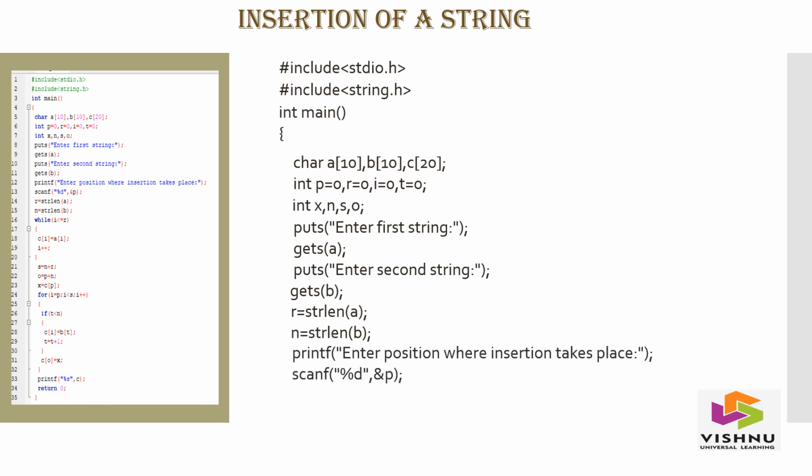After that, we have to enter the position where insertion takes place. And after that, we have to consider two variables S and O, where S is equal to sum of string lengths of A and B and O is equal to sum of string length of A and position which insertion takes place.